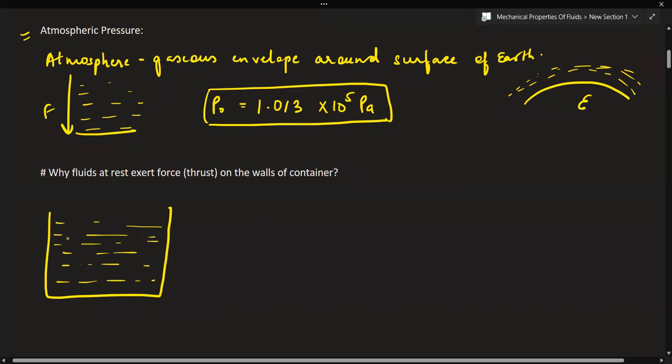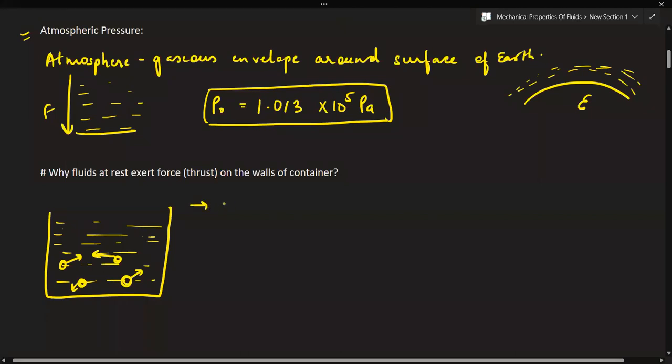At a temperature more than 0 Kelvin, these molecules have kinetic energy or thermal energy. That thermal energy portion we'll discuss in the thermal unit. But briefly for now, these molecules will have kinetic energy, and because of this kinetic energy, the molecules will not only collide with each other, but will also collide with the walls of the container.